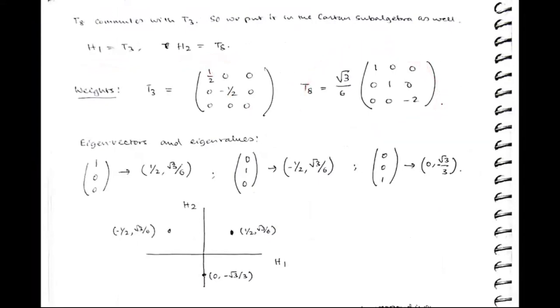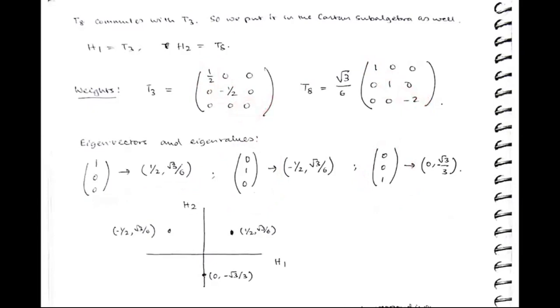The eigenvalues and the associated eigenvectors are very simple. So it's (1, 0, 0), which corresponds to 1/2 and √3/6, and then (0, 1, 0) with this entry and this entry, and (0, 0, 1) with this entry and this entry.